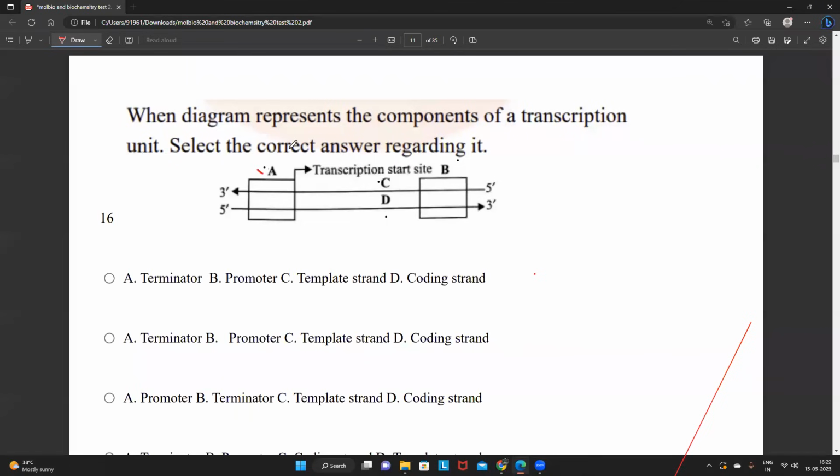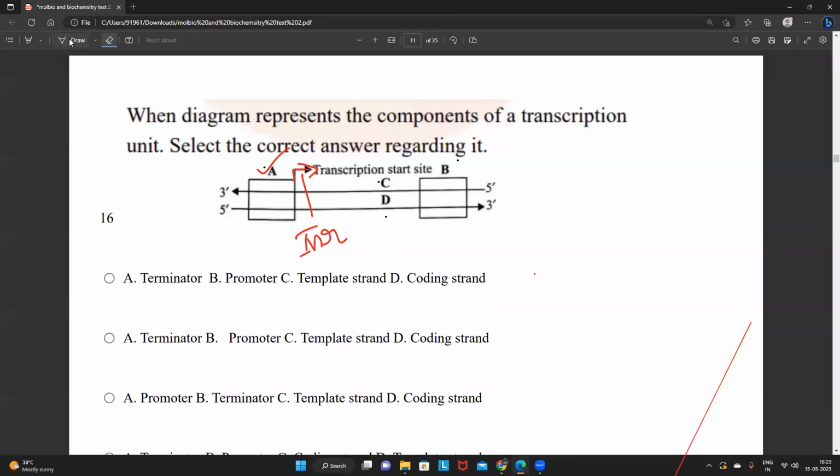So the promoter is the starting one. You're all able to see this arrow, right? You remember, wherever the transcription is starting is the initiation region of transcription. You know very well where the transcription will end, friends, at a point called termination. So point B is called what? The termination point. Do not get confused with that.